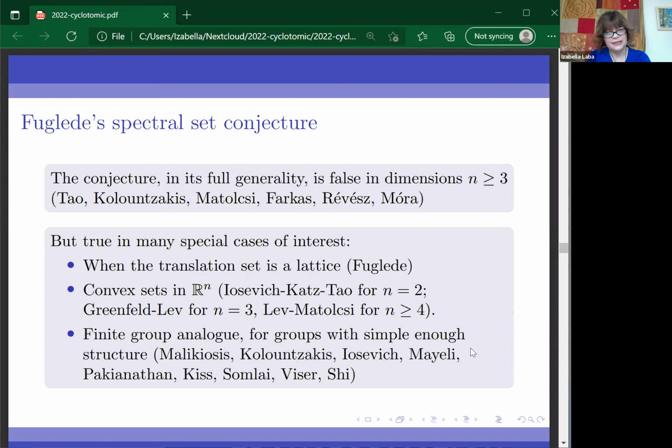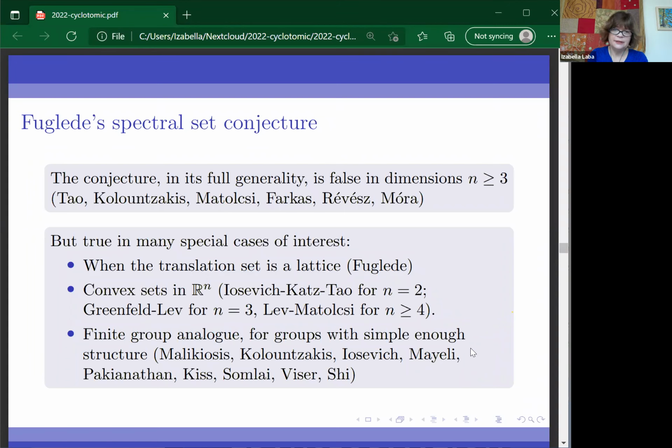There's also a lot of interest in the finite group analog of the conjecture, and there are results on that due to a number of people in the last few years. So we need the group to have simple enough structure. The obstacle in extending the tiling implies spectrum direction is the T2 condition, basically, and more on that in a moment.